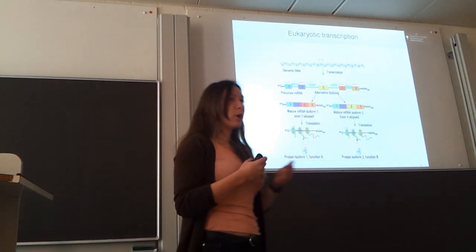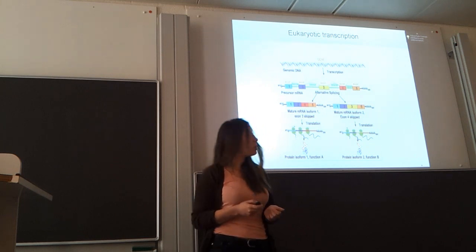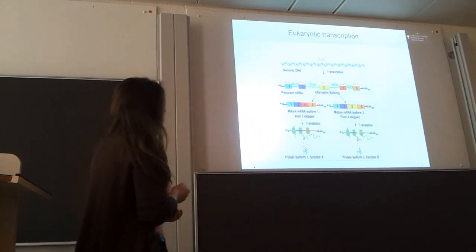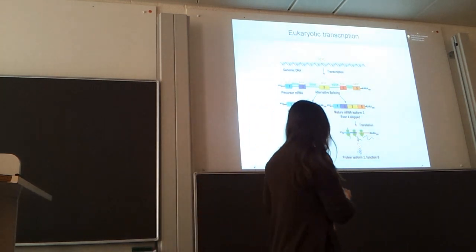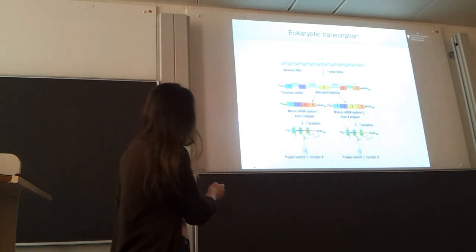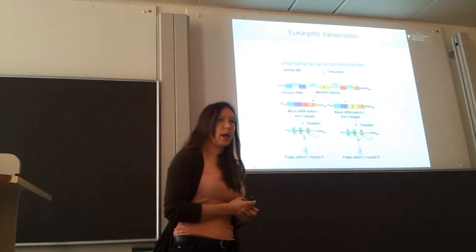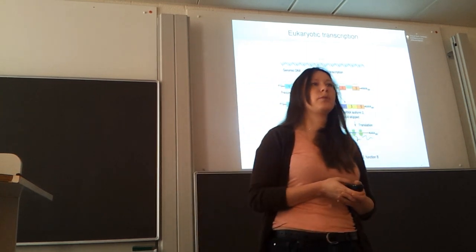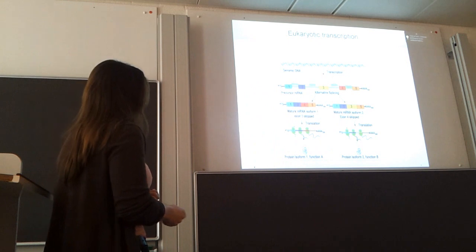And so what we have in eukaryotes is alternative splicing. So when you're splicing your introns, you may splice them in a different way. You may cut out one exon in one isoform, let's say, and you may leave this exon in another isoform. And it may result in different protein products. So you may have different protein isoforms at the end.